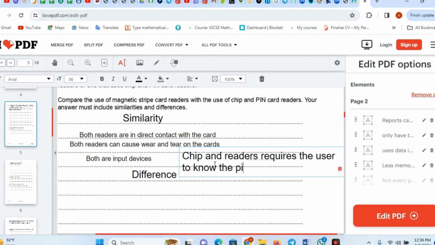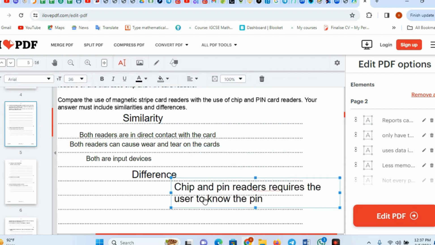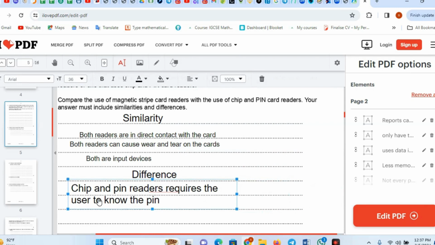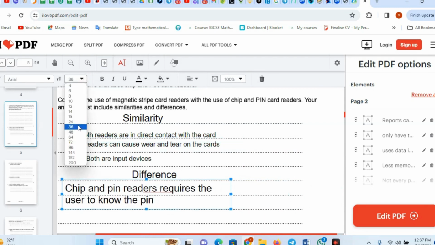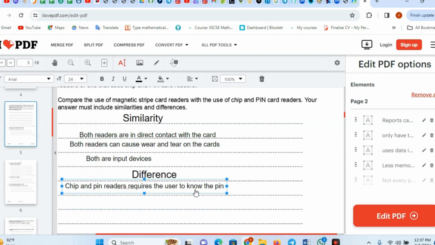That is, if you want to use a chip and pin, it is compulsory for the user to know the pin. If you don't know the pin, you cannot log in or you cannot access. Just like your ATM card. If you want to use your ATM card and you don't know your pin, will you be able to access your money? Good. The answer is no.